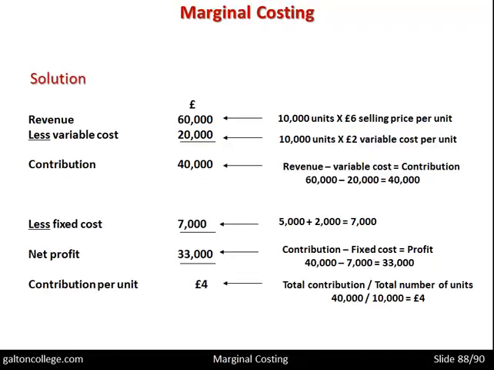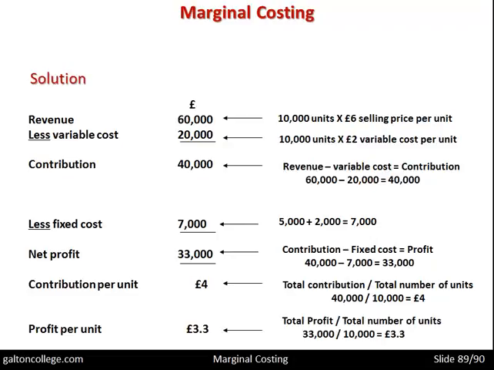The contribution per unit is equal to the total contribution divided by the total number of units. So the total contribution here is £40,000 divided by 10,000 units, which is £4. So that's the contribution of each nut produced, £4.